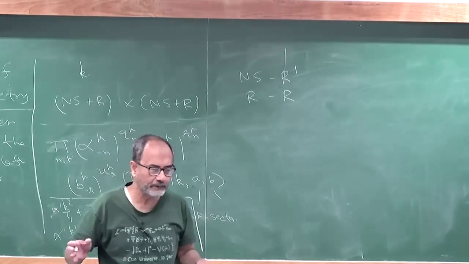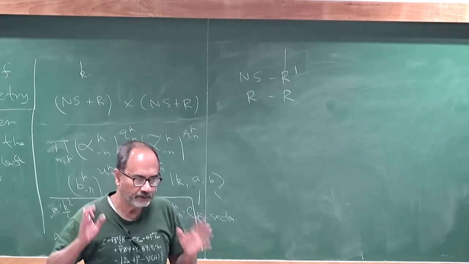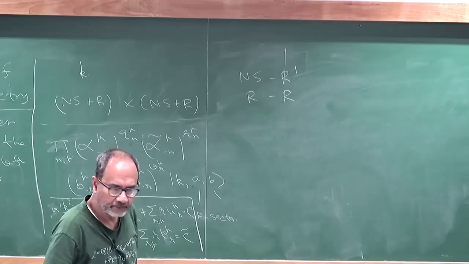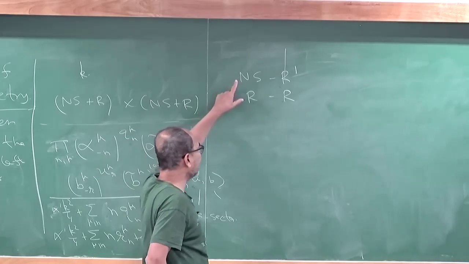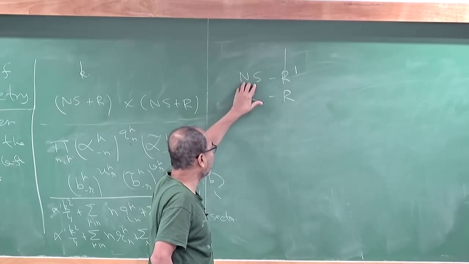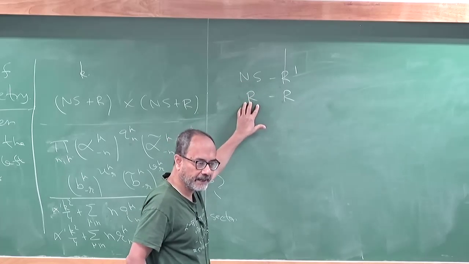Yeah, meaning we are just looking at the spectrum. We have not talked about interactions at all. At the level of the spectrum, the claim is that at any level here, the number of NS sector states and the number of R sector states match.